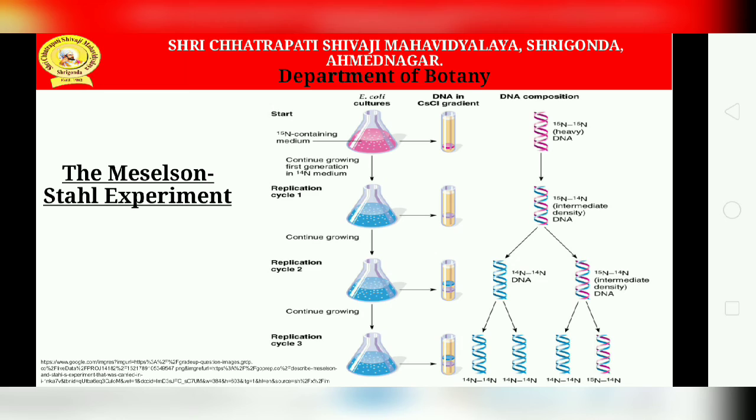The heaviest substances sink further down the tube, and the lighter substances float above. So when we apply centrifugal force to a mixture of the two types of DNA, the heavier N15 DNA is found in the lower level, and the N14 molecules are found in the upper levels.